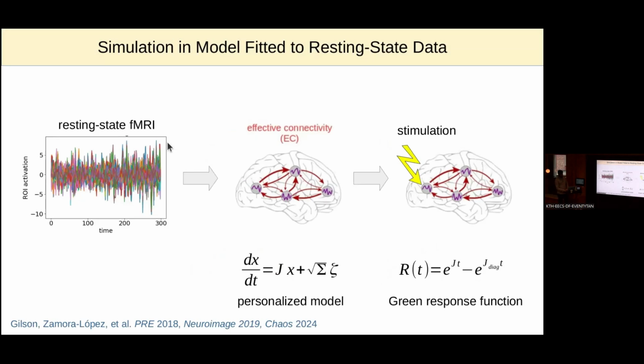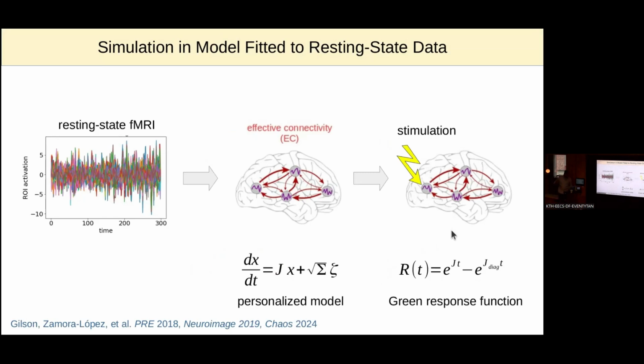And so to do that, we use the same network that we fitted to the resting state fMRI of these patients. And we're going to use in silico perturbation, as said. So it's just stimulating the model and looking at the propagation of the activity in the network.